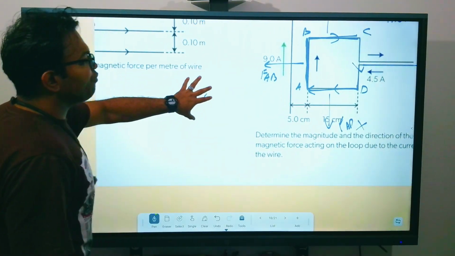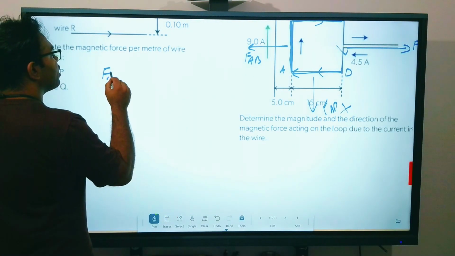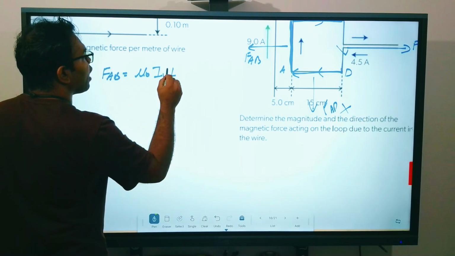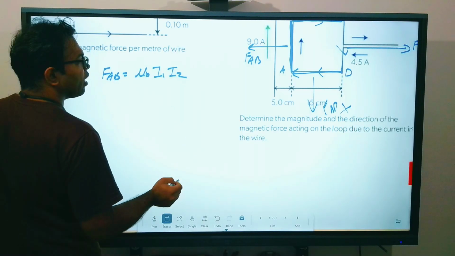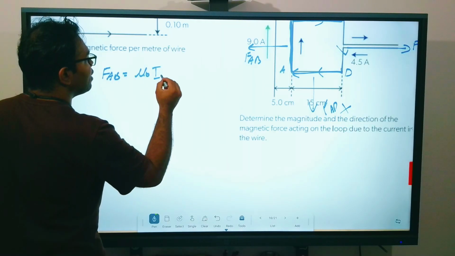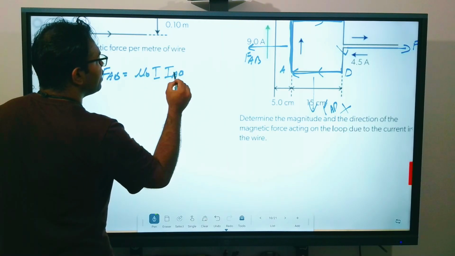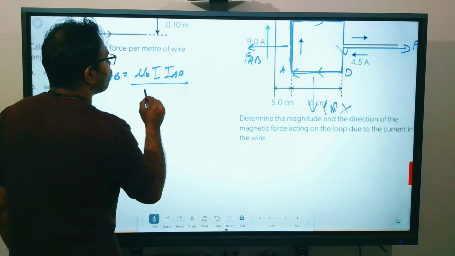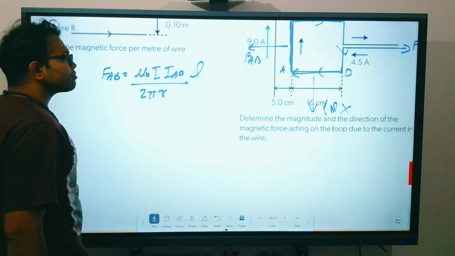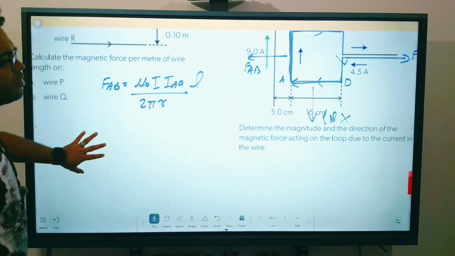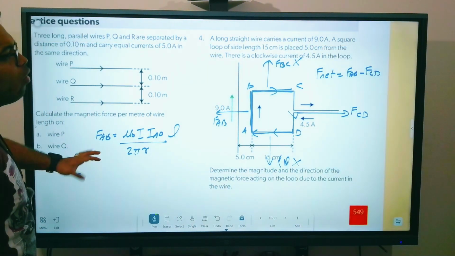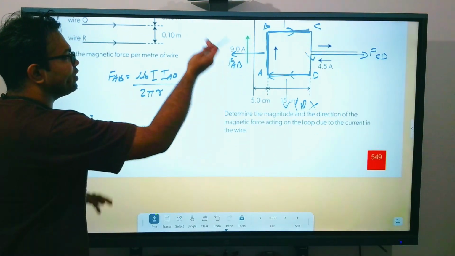See, Akshay, FAB is equal to mu naught I1 I2. So I will write it like this: mu naught IAB upon 2 pi r into L. Do we know the value of L? Yes, it's 15.